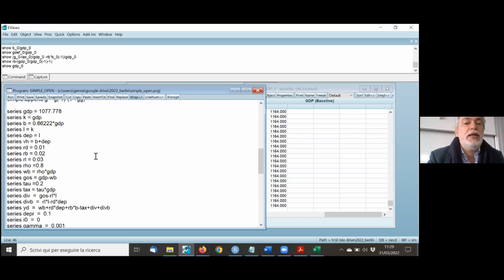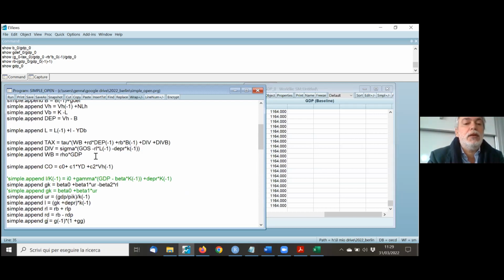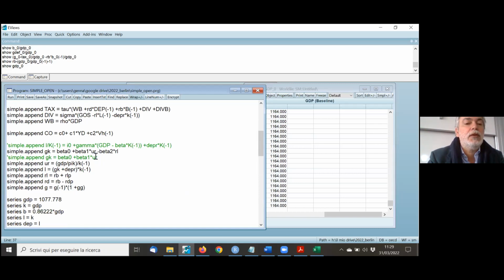So we could add an equation for imports, where a reasonable value is usually 30% of GDP, and we may want to add a constant here.